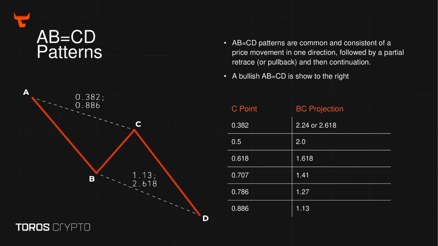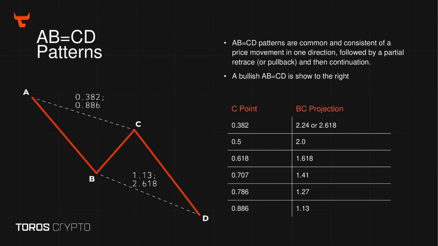We are looking at the recommended ratios for the ABCD, to know common projections from that C point that you would expect that are complementary with each other. You would be looking at the table on the right. The table looks at a C point of 0.382.